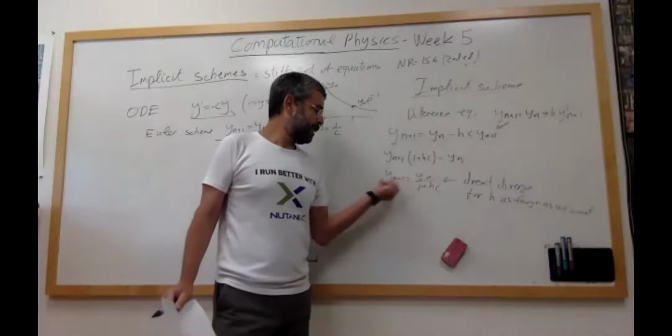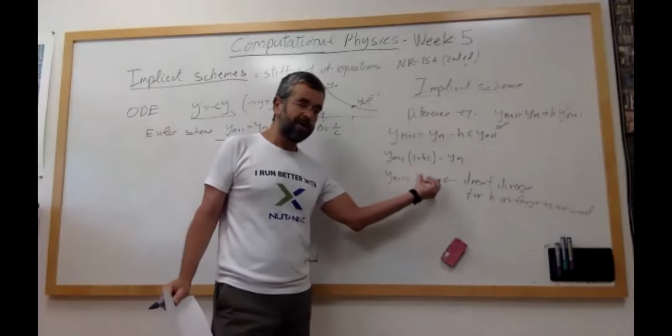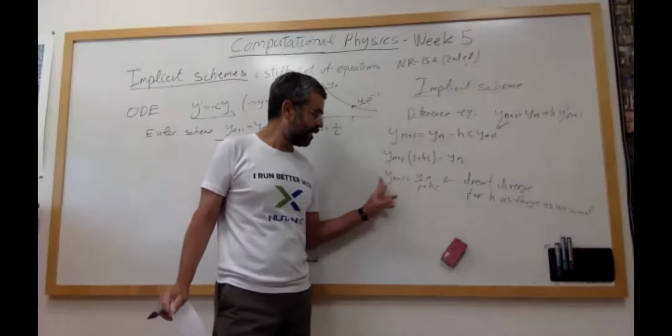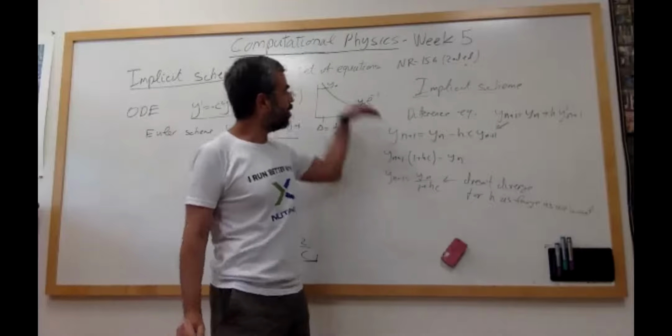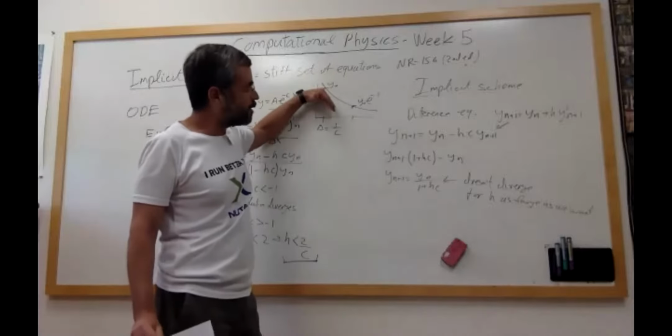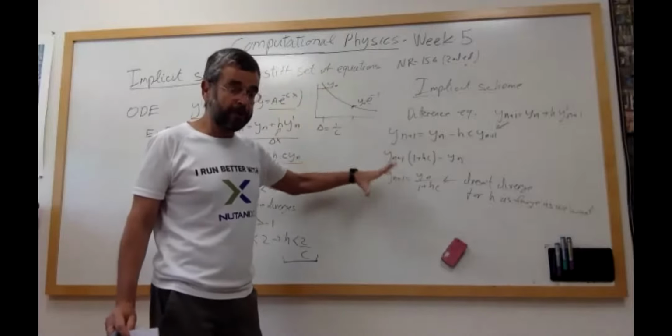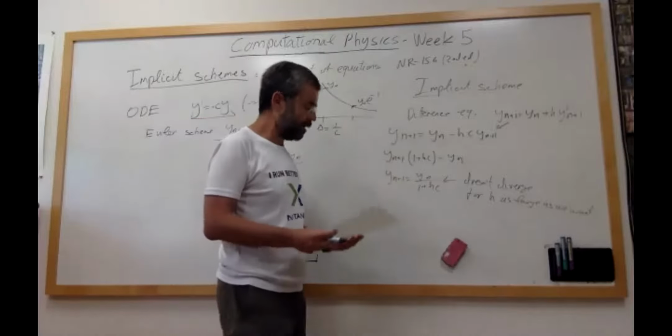The next value of the function is always going to be smaller than the previous one, so it's going to go down. It's not going to be accurate, but it's not going to diverge. So there is no limit on the time step.